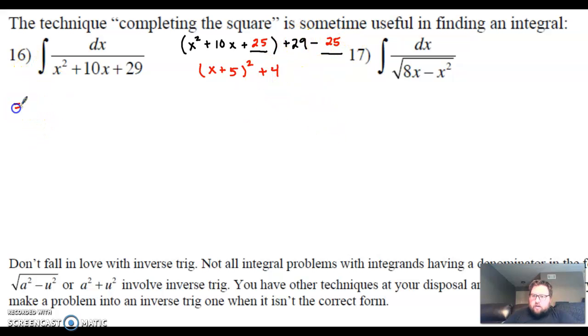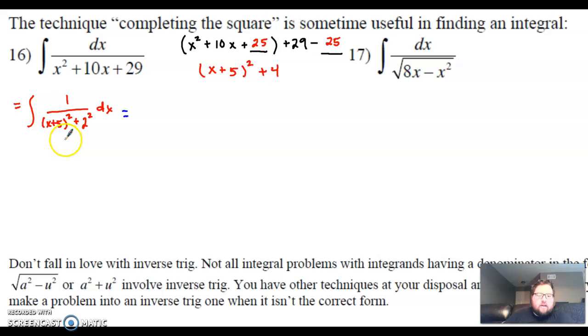All right, so let's rewrite our integral now as 1 over x plus 5 squared plus 2 squared dx. Okay, and so this is pretty much in the form of an arctan. x plus 5 is our u, squared plus a squared is an arctan. We don't need to actually do a u substitution here because the derivative of x plus 5 is just 1, and so there's no reason to actually write out the whole u substitution.